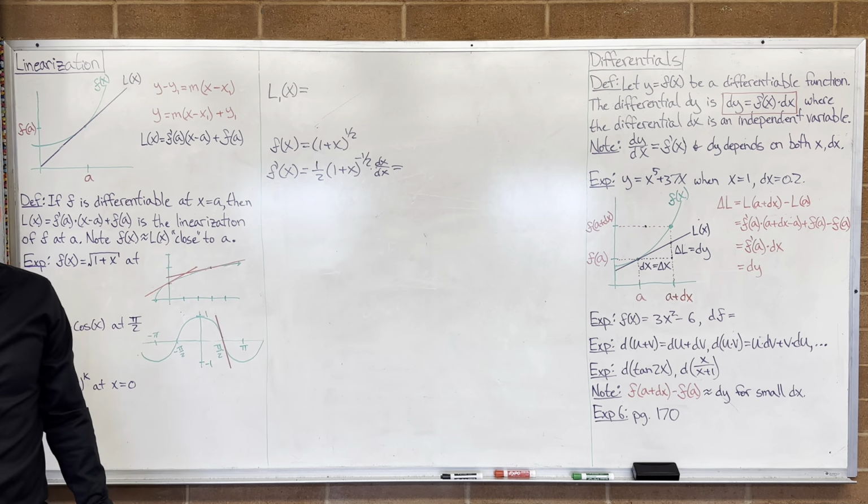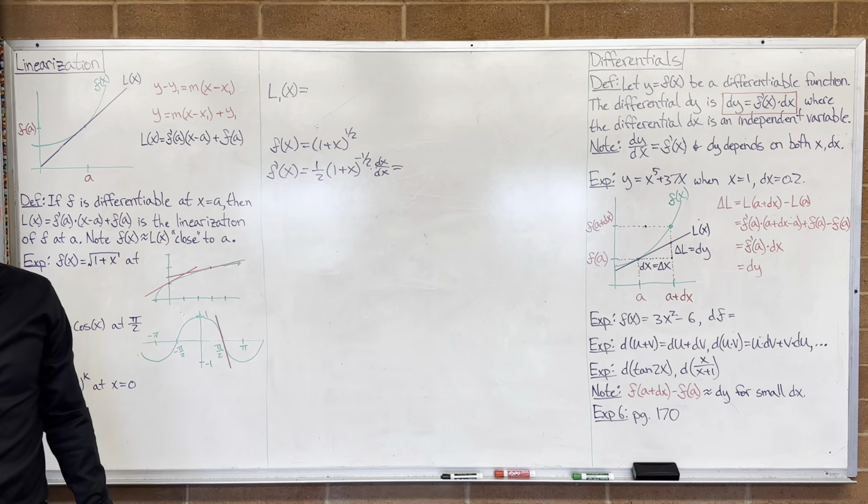So, our first linearization is equal to, just blindly following the definition, f prime at the point we care about, times x minus the point we care about, plus f at the point we care about. That's just blindly plugging in without thinking. Now, what does this equal? F prime at 0 is equal to 1/2.